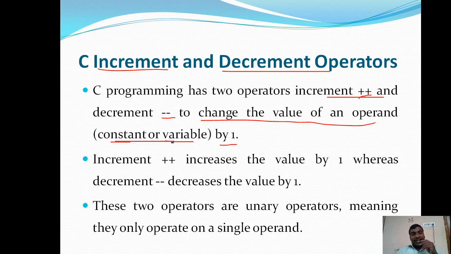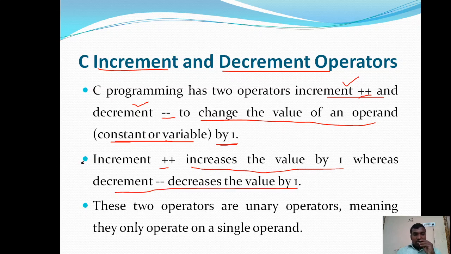So what we are doing is changing the value of the operand by 1. Means if you are performing an increment operation, you increase the value by 1. If you are performing a decrement operation, you decrease the value by 1.